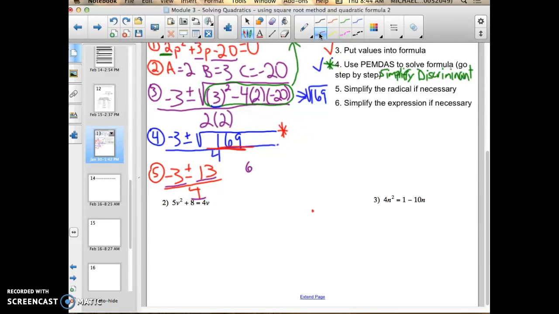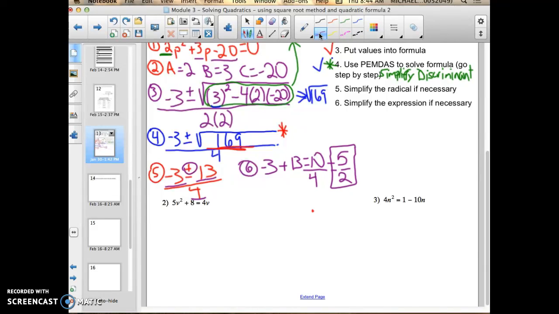So this is step 6, simplify the expression if necessary. I'm going to do negative 3, the positive version, so plus 13 equals 10, and then divided by 4. So that equals 5 halves. So one of my solutions is 5 halves.